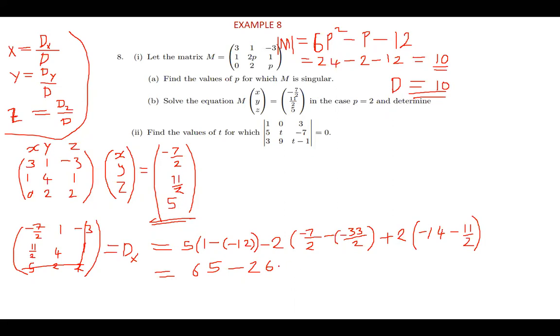So that will be -39. Then to find the determinant now, you just have to add them. So you have your 65 minus 26, then minus 39.